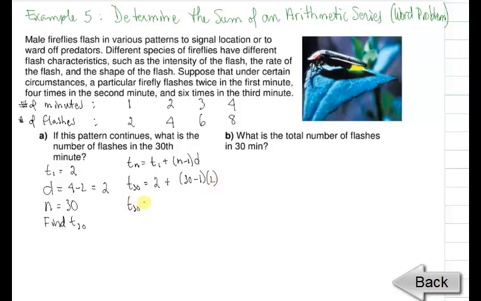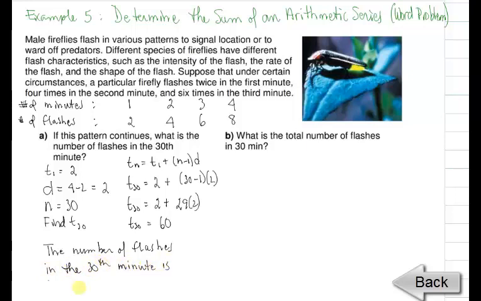So t30 then is 2 plus, and 30 minus 1 is 29, times that by 2. And when we simplify, we get 60. Okay? So the number of flashes in the 30th minute is 60.